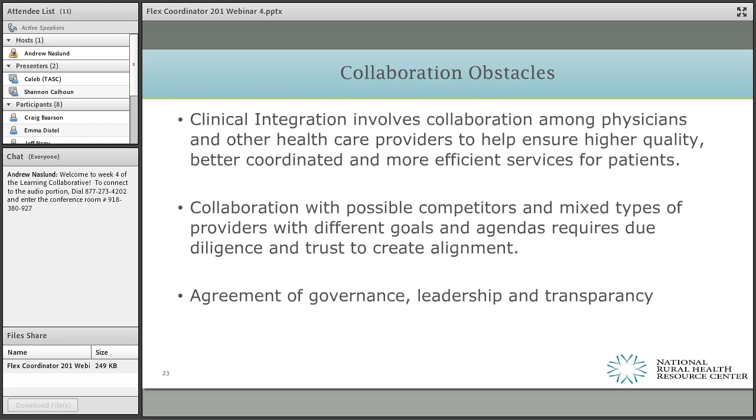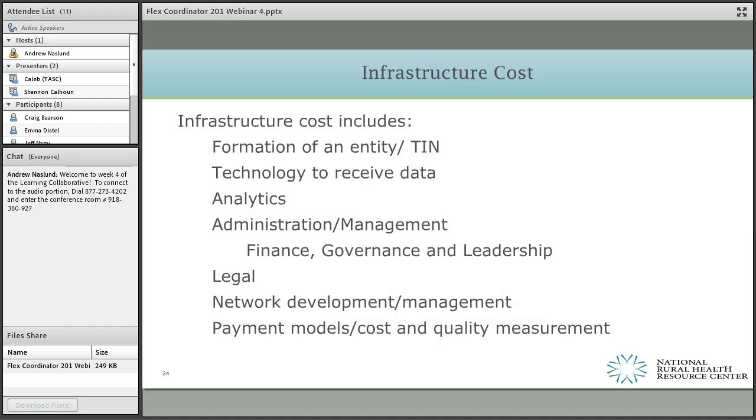So it requires due diligence and trust to create that alignment. And then the other obstacle is finding some balance within the governance and leadership and being able to make sure that the transparency of those two, both governance and leadership, are shared consistently so that the trust is maintained across the whole collective. So that makes it a little hard to do.